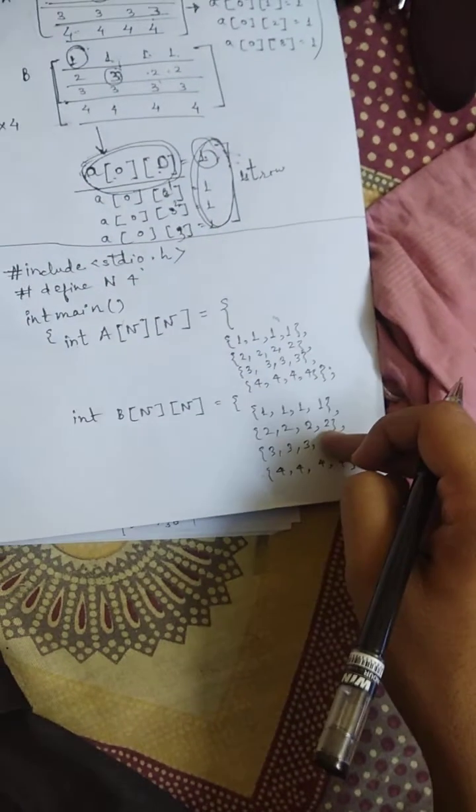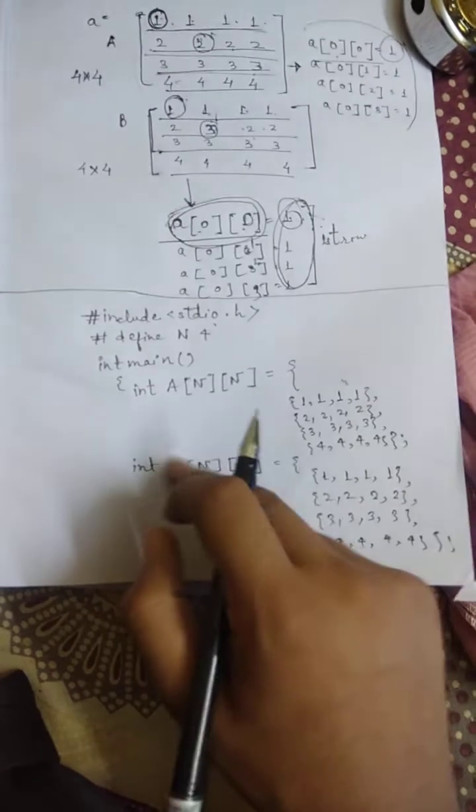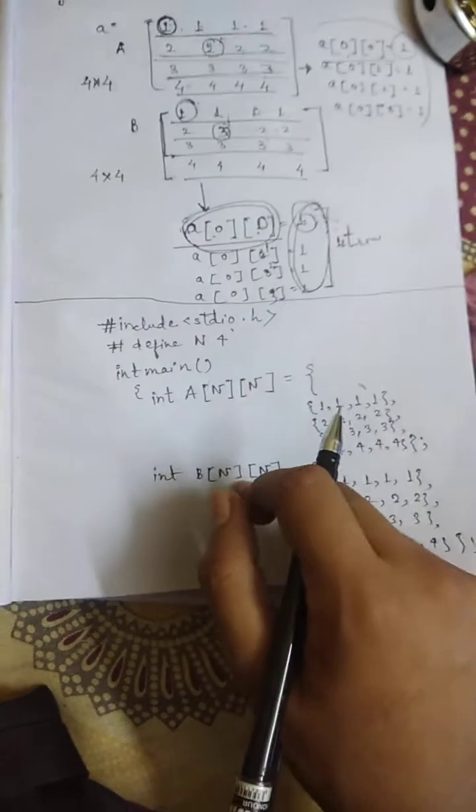By looking at each and every element, we will conclude that these two matrices are identical. We have to implement this using a program.